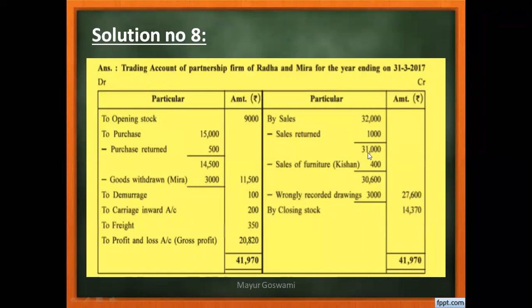Total in the inner column will be 31,000. Similarly, on the credit side, we have purchase returned. So less purchase returned 500. Total will be in the inner column 14,500.